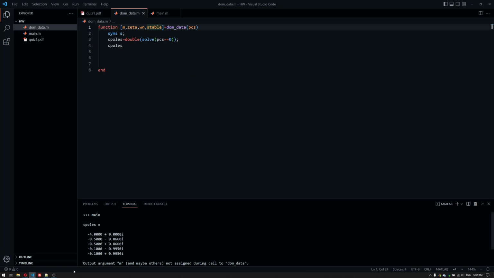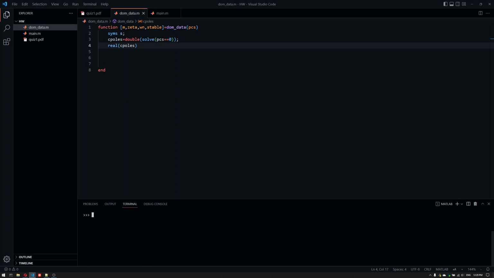Now, what we can basically do is check for the real part of the poles. So let's take real of the poles. Let me run again.